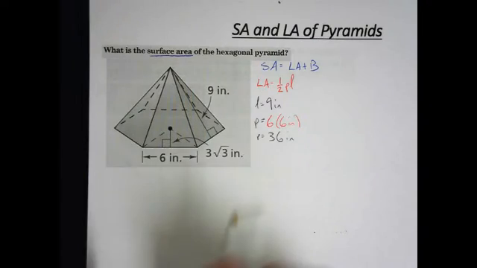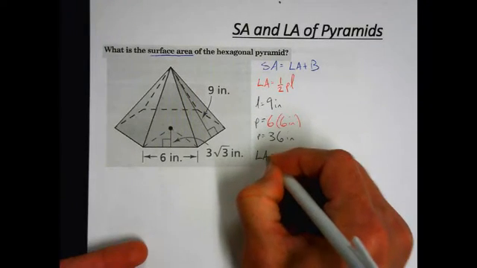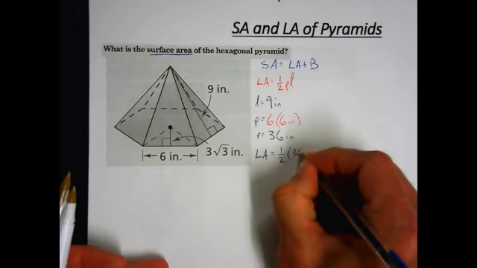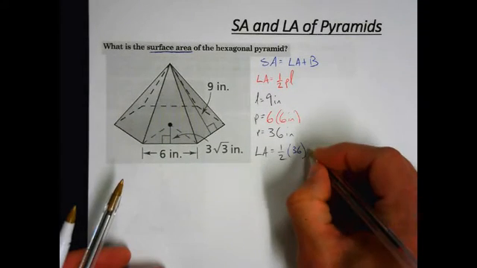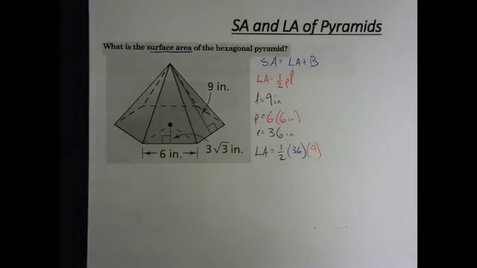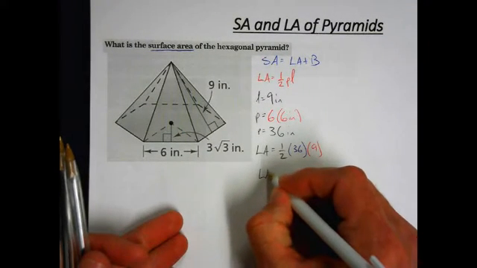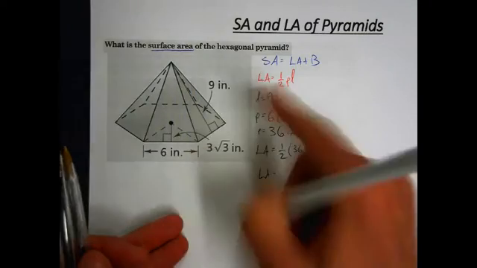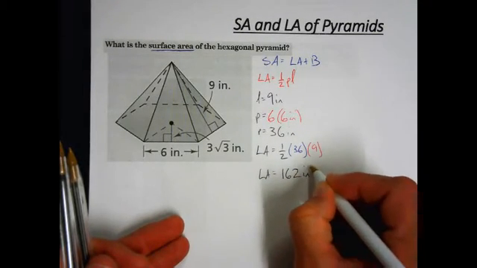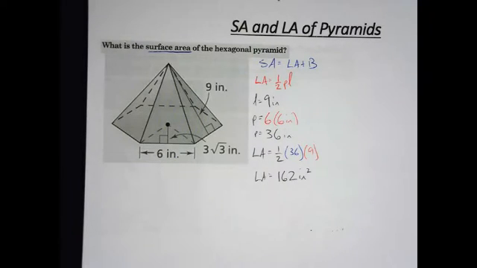So our lateral area is going to be 1/2 of the perimeter of the base, which is 36, times the slant height, which is 9. And the rest is calculator work. And so we find out that our lateral area is 162 square inches.